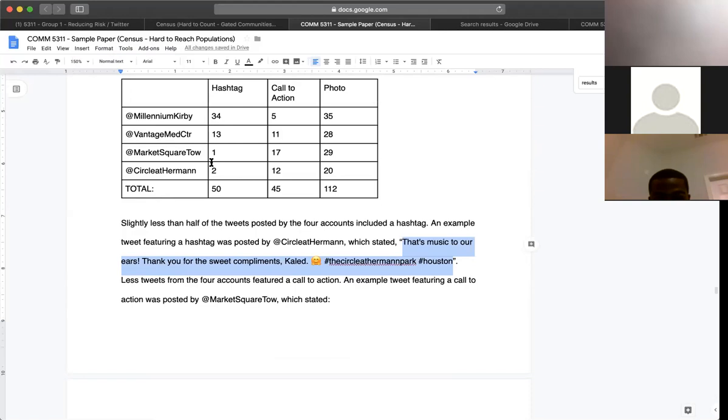So like if we did Facebook, would we just put Heiko High School's Heiko Facebook, High School, or just Heiko High School said? I'll just put Heiko High School. Okay. And then for every one of these columns, so like hashtag, call to action, photo, you're going to provide 2 examples for tweets.